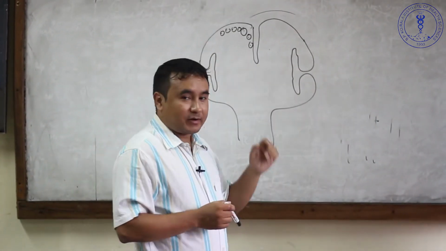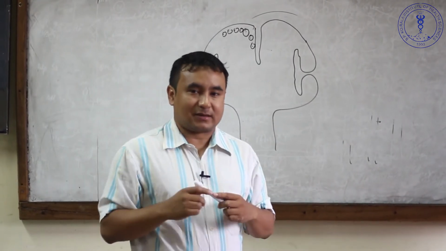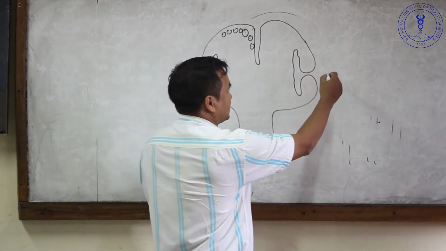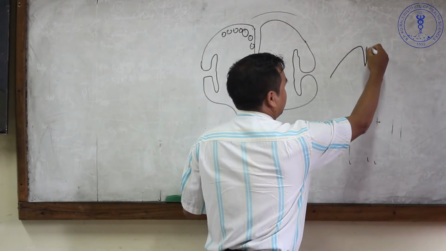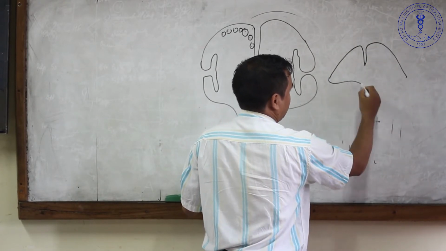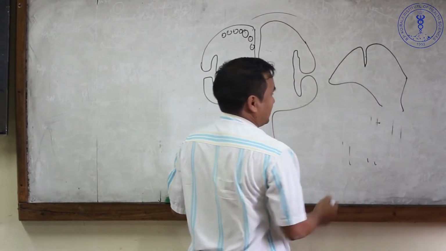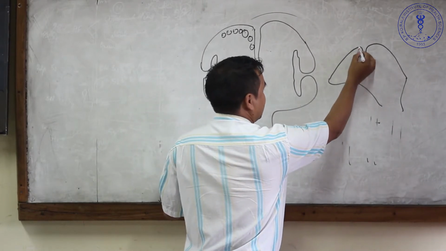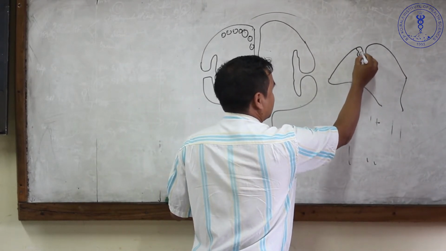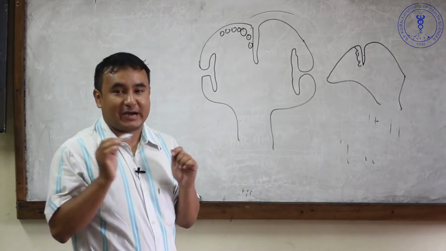At the cortex there is a central sulcus, and in front of that central sulcus there is the primary motor area.